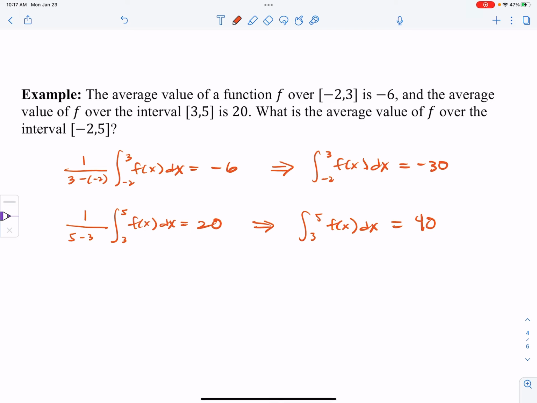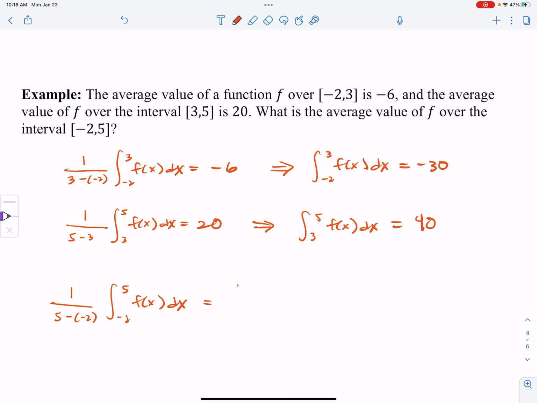And we want to know what the average value of f is over the interval from -2 to 5. That would be equal to 1 over 5 minus -2 times the integral from -2 to 5. And then we know from our properties of definite integrals that the integral from -2 to 3 plus the integral from 3 to 5 will be equal to the integral from -2 to 5.